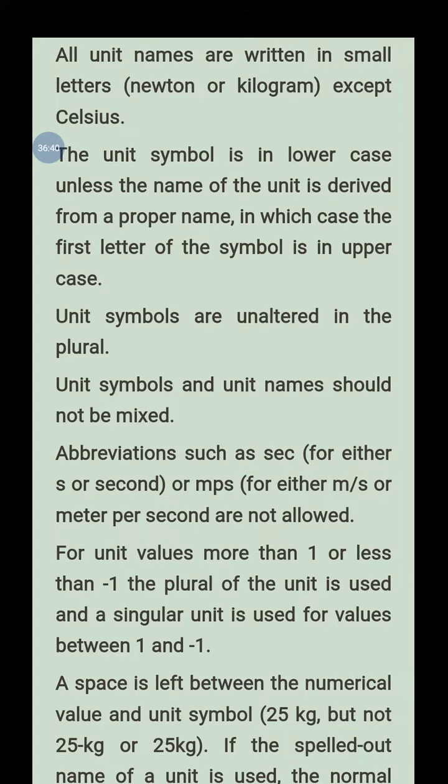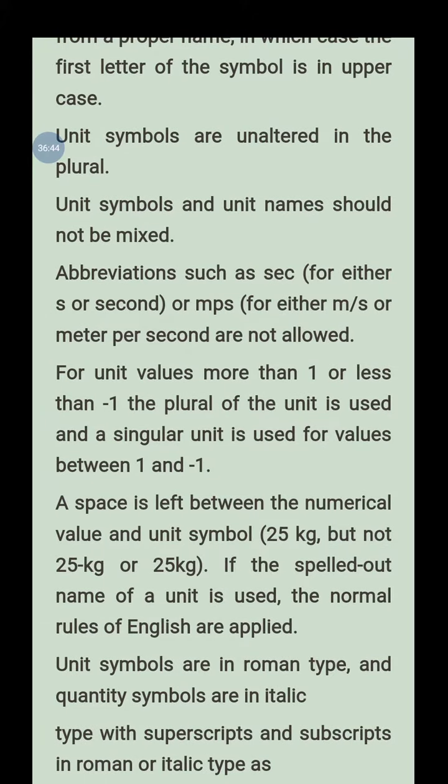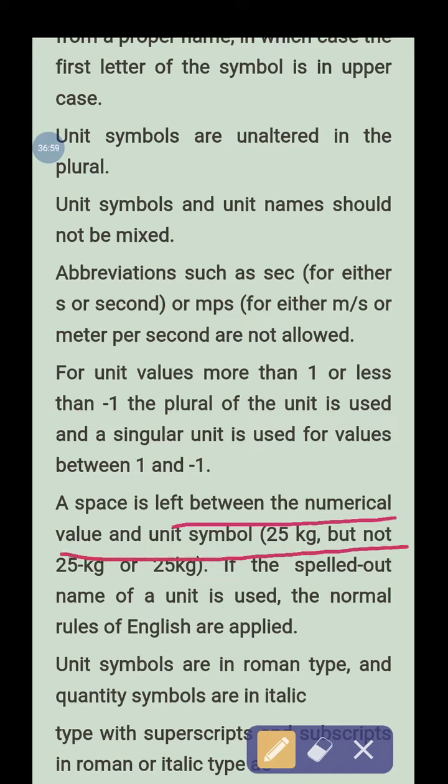For a value more than 1 or less than minus 1, the plural unit is used. A singular unit is used for values between 1 and minus 1. A space is left between the numerical value and the unit symbol, like 25 kg, not 25kg.